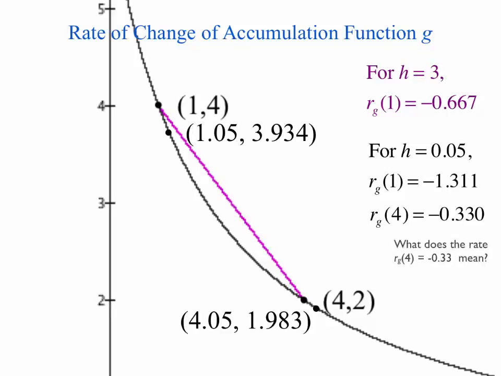Okay? So what does the rate of change of g evaluated at x equals 4 equals negative 0.33 mean? What does it mean? Tell the person next to you, have we learned this yet? Go! What does that number mean? Saying that it's the rate of change is not explaining what the rate of change means. Yes, negative 0.33 is the rate of change of g at x equals 4.